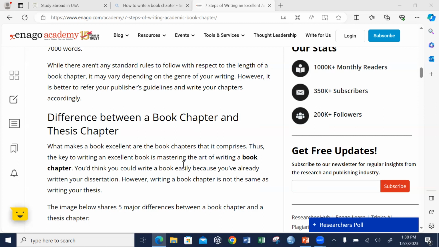But for a book, you are writing to the public. Anyone who is interested in the concept that you're writing about is your target audience or reader.